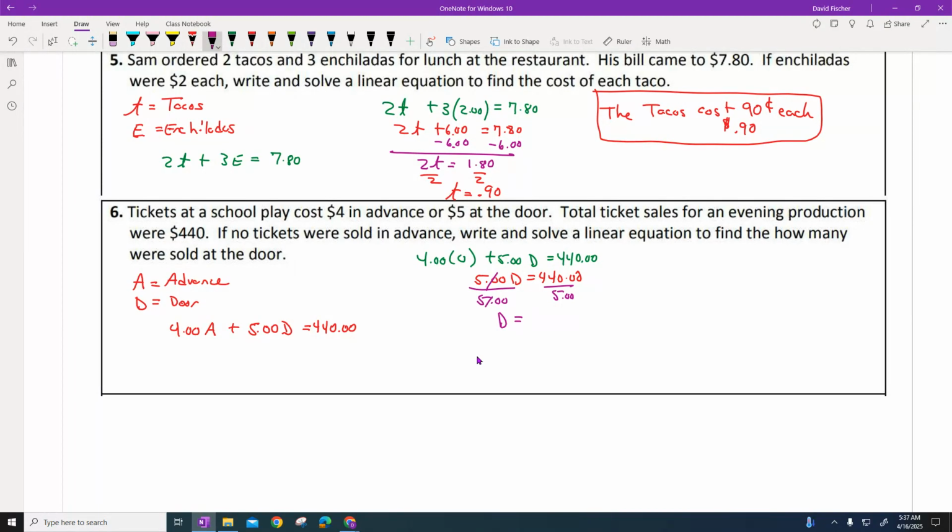I'm getting D equals 88. So now D was door tickets, and they were sold.